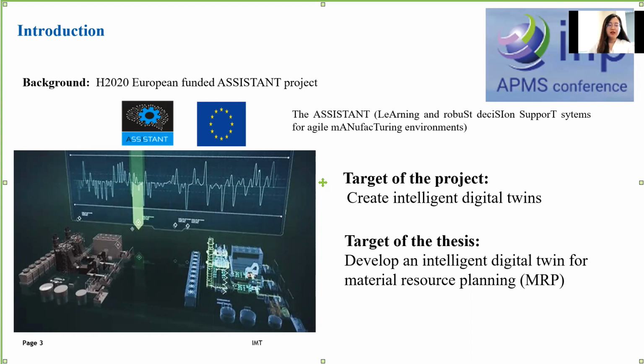My conference paper and my PhD thesis aim to develop an intelligent digital twin for production planning to help production managers operate a smart factory. And the main target of this conference paper is to develop an intelligent digital twin for MRP.